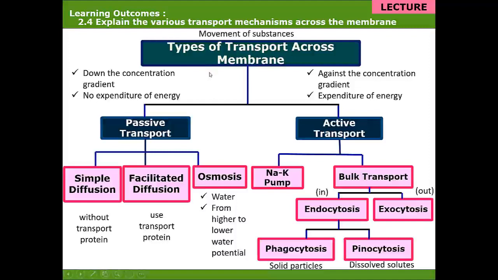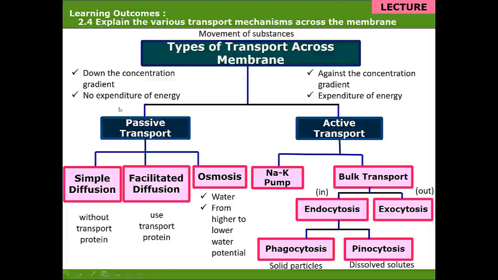Alright, so let's overview the types of transport across the membrane. Generally, transport is divided into two main types: passive transport and active transport. If you look at the definition, passive transport involves the movement of substances down the concentration gradient, meaning from higher to lower concentration.